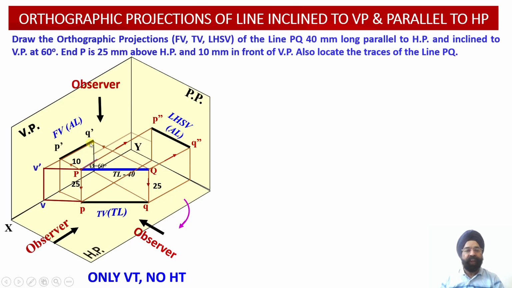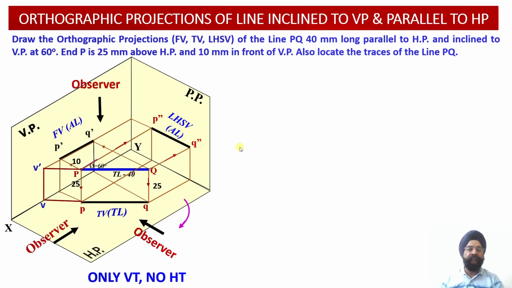For that, we are going to draw one construction line by extending the projection line P dash Q dash, and draw another construction line by extending the side view projection line, that is P double dash Q double dash. Once you draw these two construction lines, the projections of this particular line in the front view, top view and the left hand side view have been completed and their interrelationship has also been established.